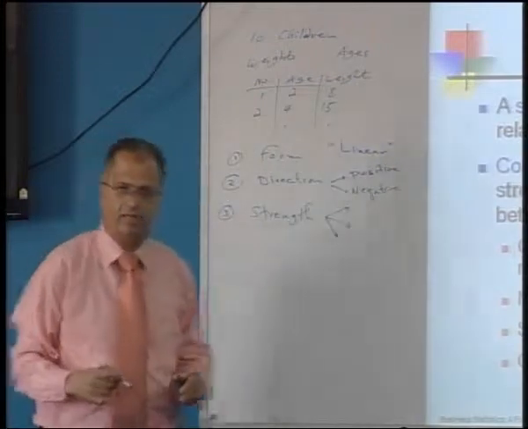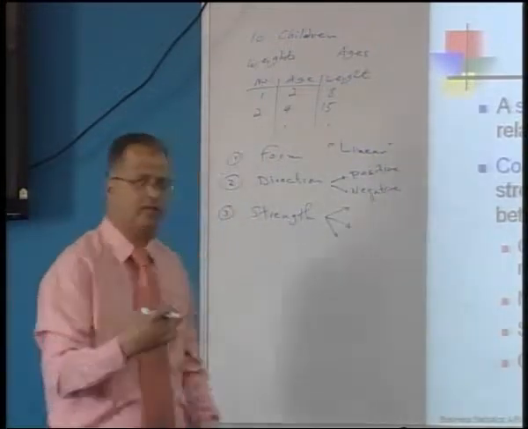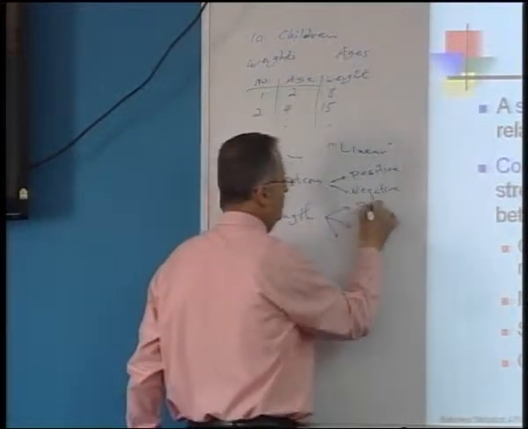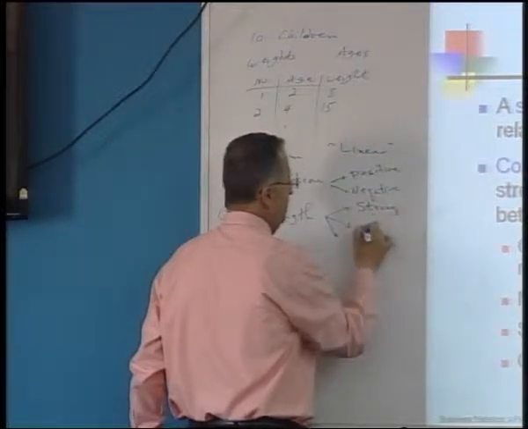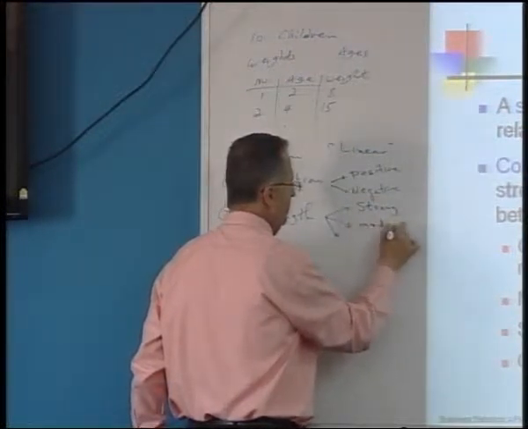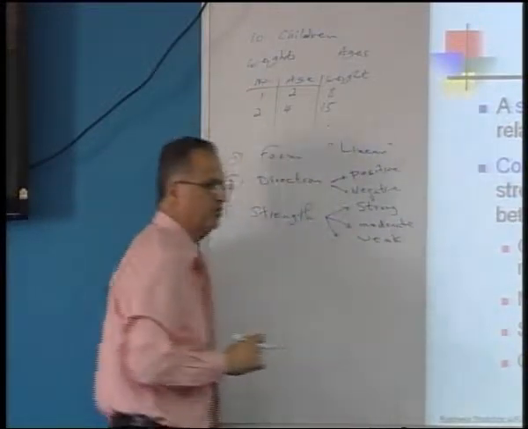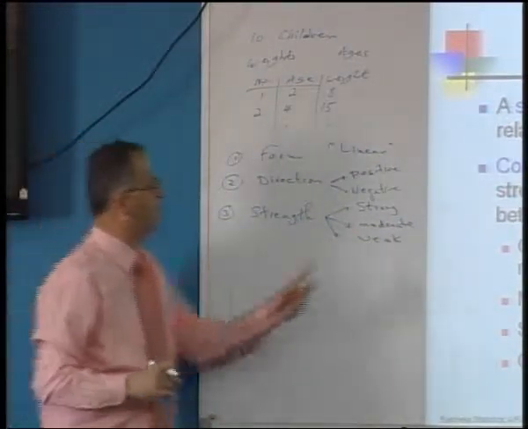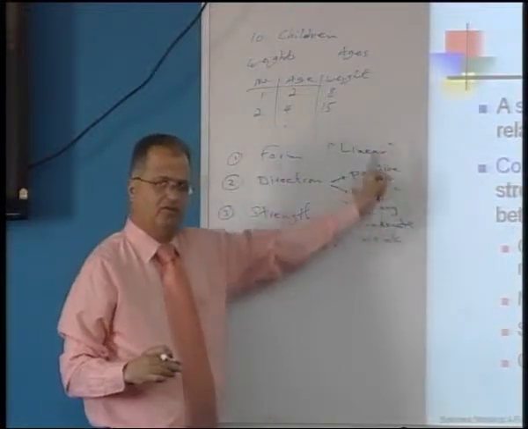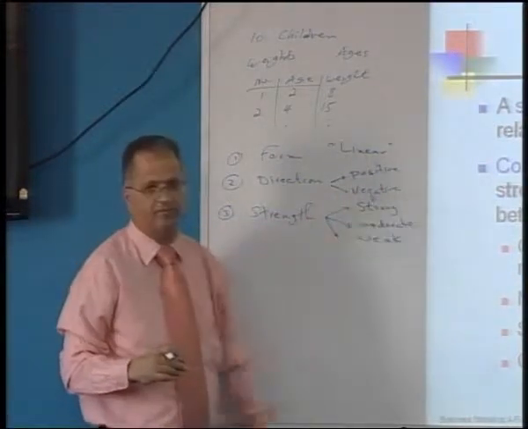The strength can be classified into 3 categories: either strong, moderate, or weak. So it could be positive strong, positive moderate, or positive weak, the same for negative.